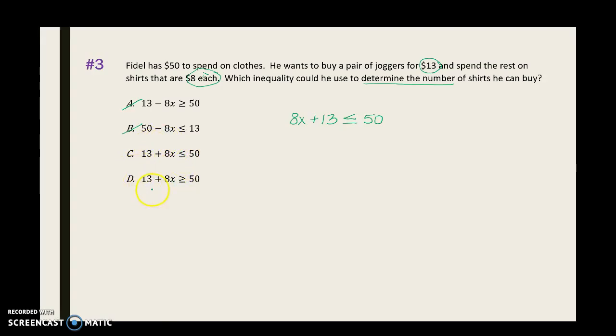So these two both have the first part we need, but their sign is changed. So this one says that they're spending less than 50, less than or equal to. This one says they can spend more than or equal to 50. So we only have $50, so we have to go with C.